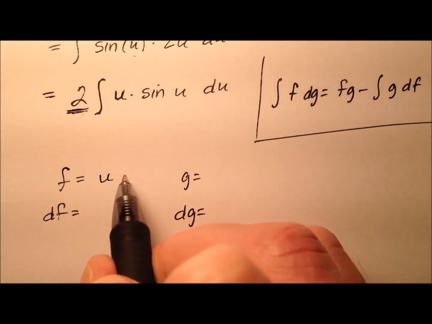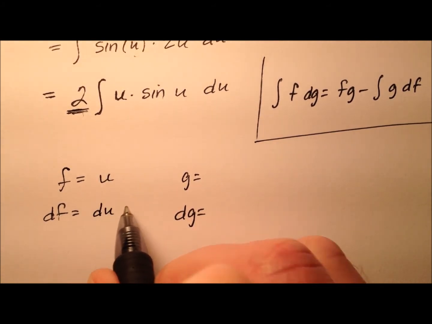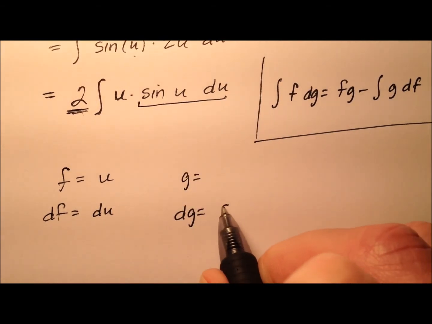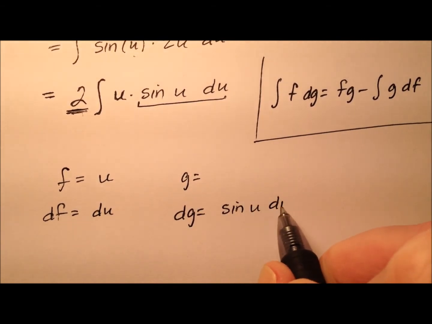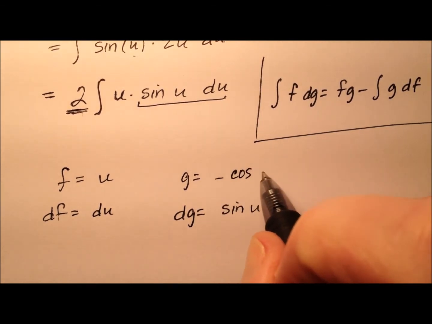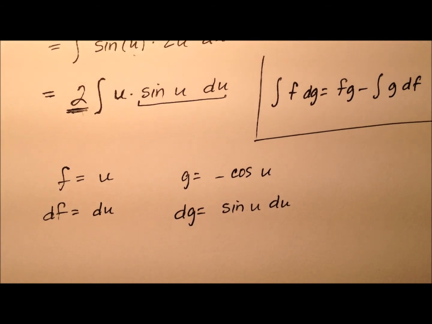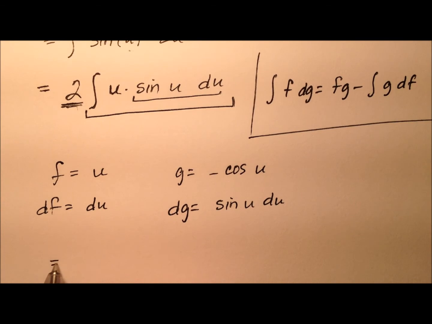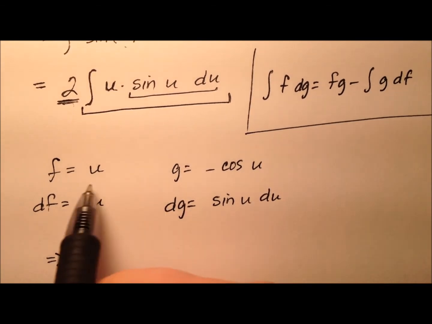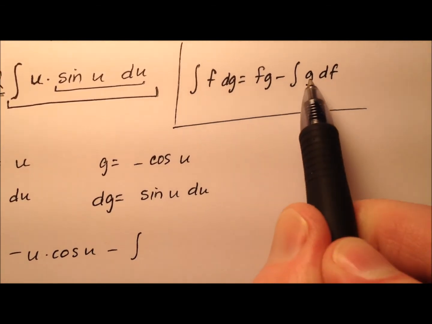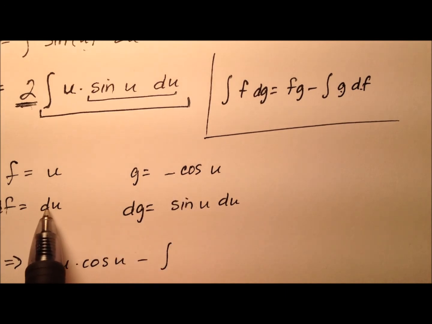So the f would be u right there, so when I differentiate both sides, it's just du. So the leftovers then must be sine u du, and that'll be my dg. Integrating that will give me a negative cosine of u. Okay, so that means this integral right here is going to be, well, f times g, so negative u cosine u, minus the integral of g df, so g df.